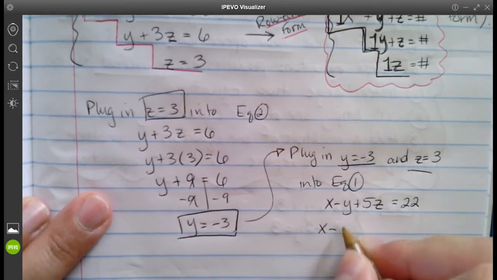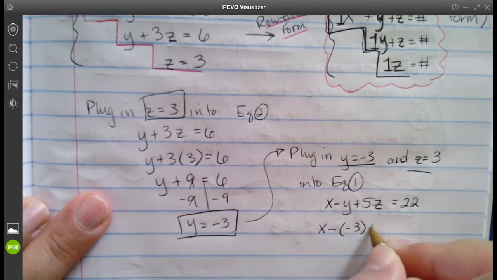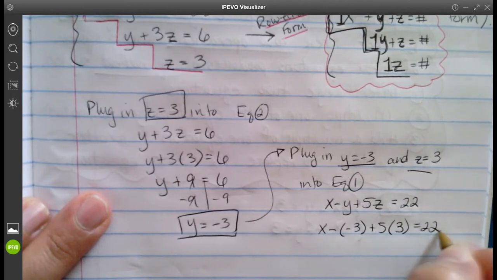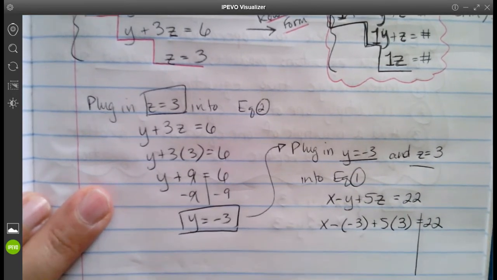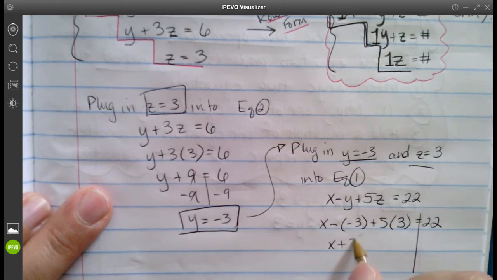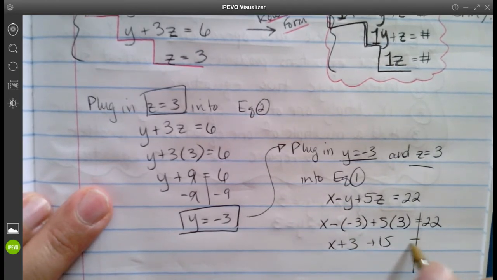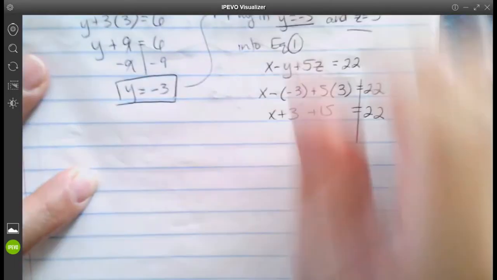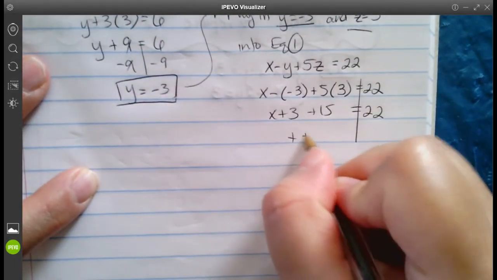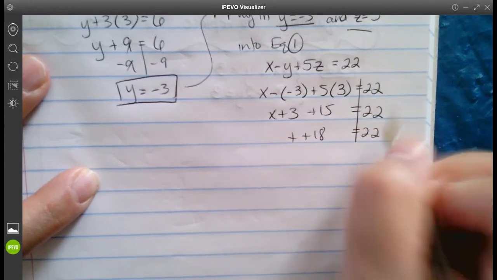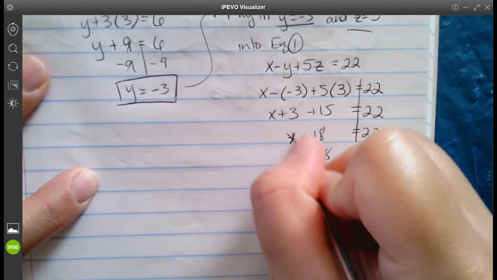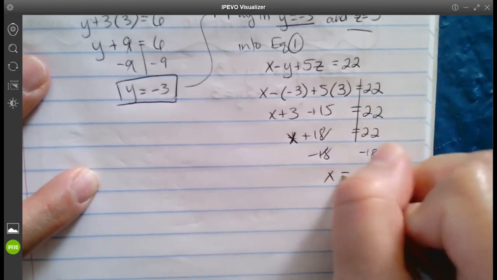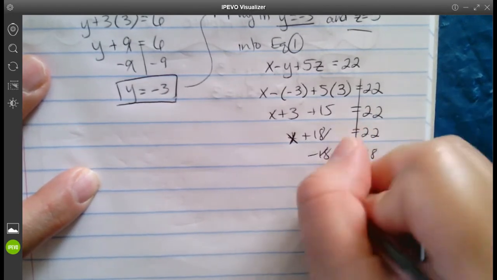So x minus parentheses negative 3 plus 5 parentheses 3 is equal to 22. We solve that, which gives us x plus 3 plus 15 equals 22. That's going to give us x plus 18 equals 22. Subtract 18 from both sides, so x is equal to 4.